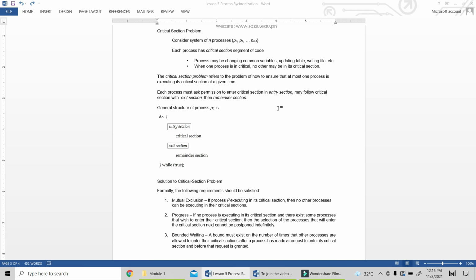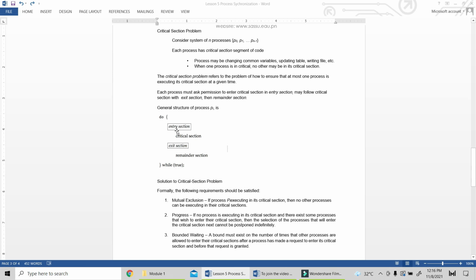Now let's see here. This is actually a do while loop example. This is a general structure of process P1, a typical do while loop. Inside this do while loop, a process is in the critical section, and the section of code implementing the request is the entry section.